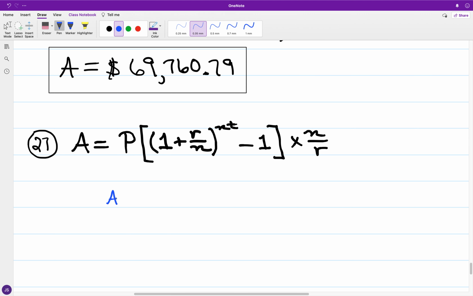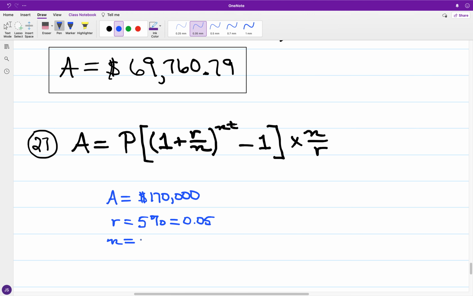Okay, so you have the future value. It is that which is going to be $170,000. And for the other items, we have the R, again at 5%, so you have 0.05.